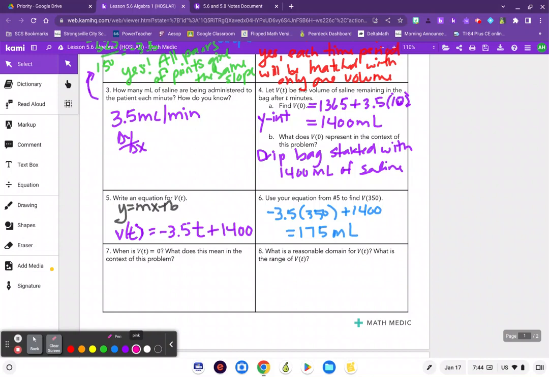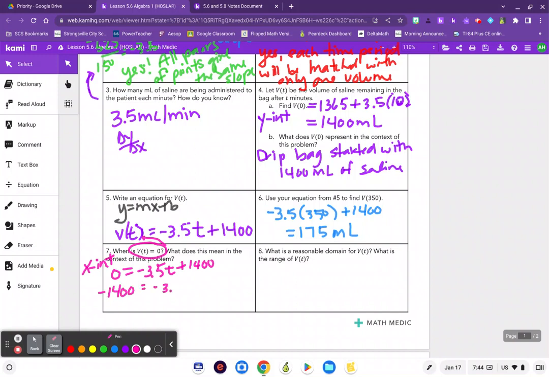Number 7 says, when is V of t equal to 0? If V of t is equal to 0, this time I'm looking for an x-intercept. An x-intercept occurs when the output, or the y, is 0. So I'm going to replace the V of t in my equation with 0. So 0 equals negative 3.5t plus 1400. I'm going to subtract 1400 on both sides.